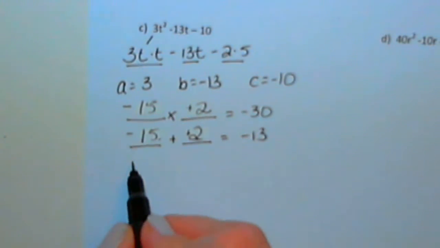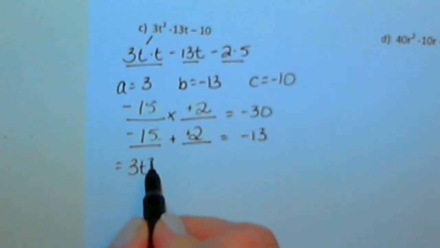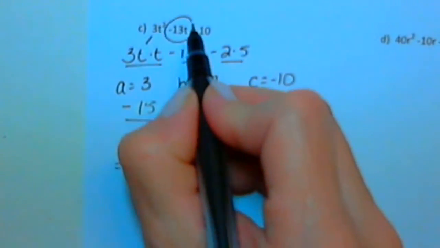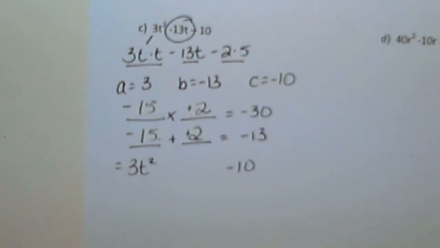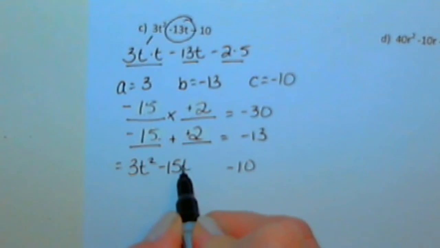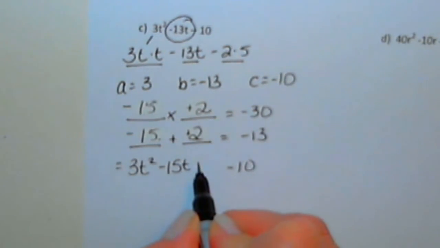We're going to rewrite the first term down, which is 3t squared, leave a blank, write the last term. Replace the middle number, which is minus 13t, with our two numbers that we found, minus 15t plus 2t.